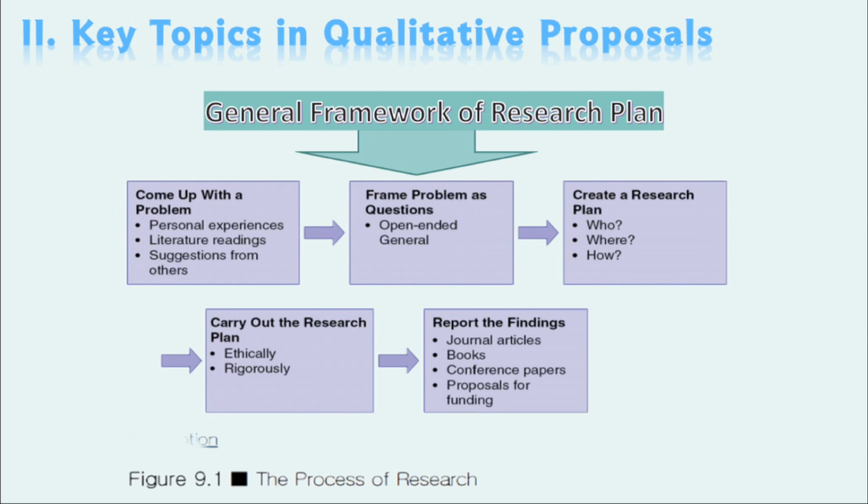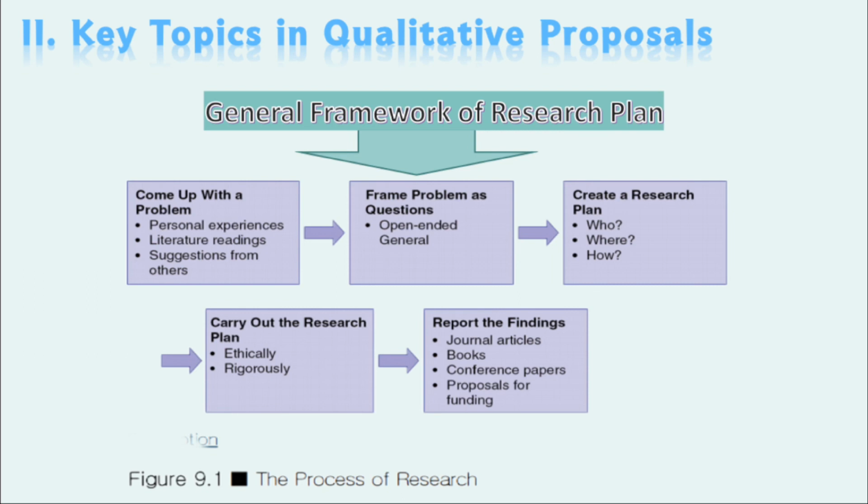Next, in the third box, we plan our research. Here, we decide on the who, where, and how of our research. With our plan in hand, we then proceed to the fourth box to carry out the research plan. It's essential to do this both ethically and rigorously.